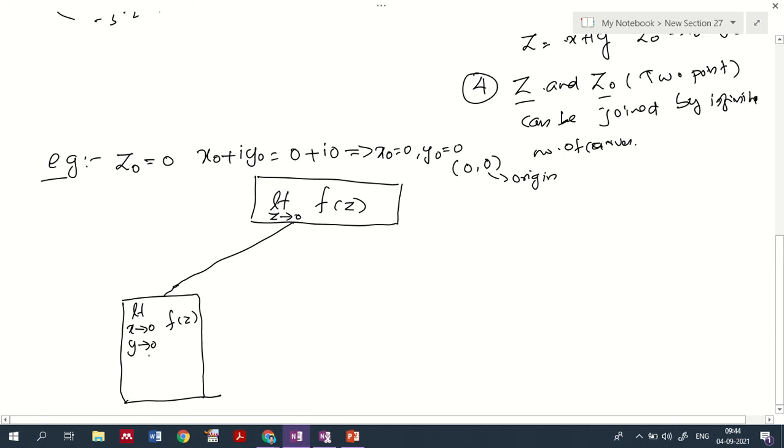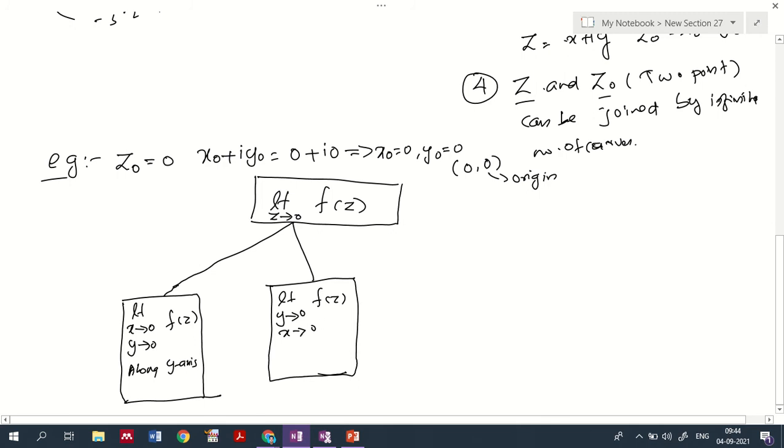This will be a representation along the y axis. I will draw it and show you how it comes. The next possible way is that the first way, you apply the limit y tends to 0, and then x tends to 0.